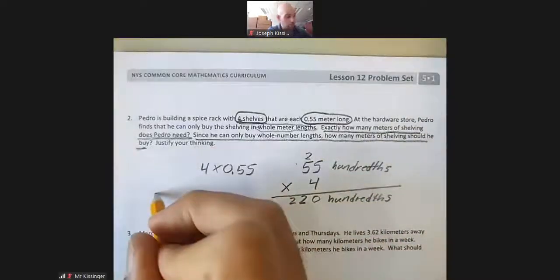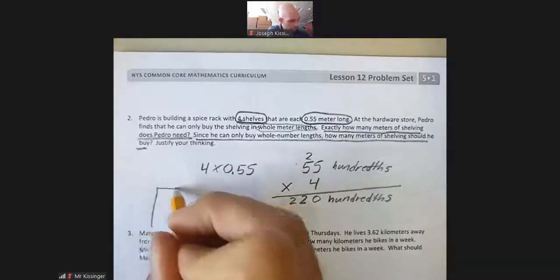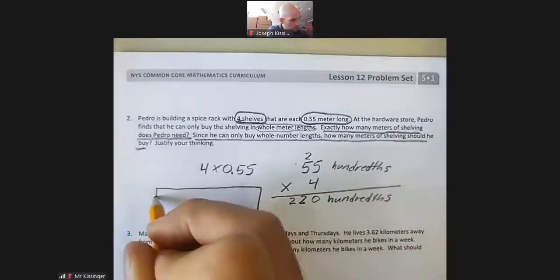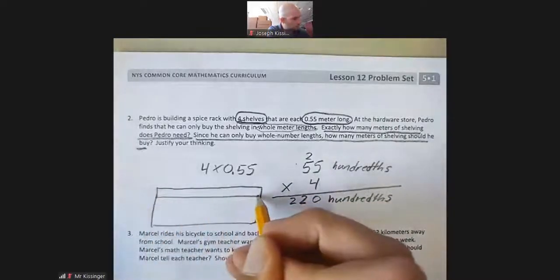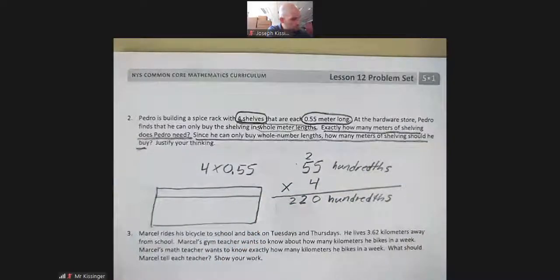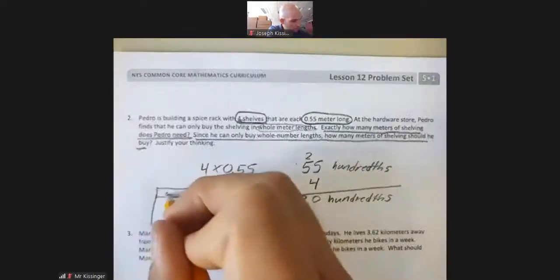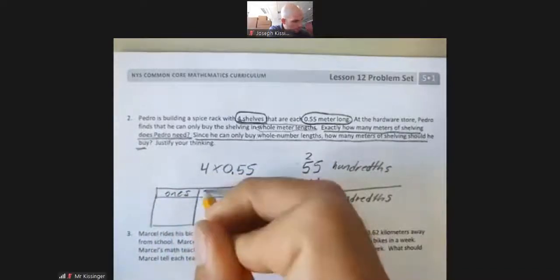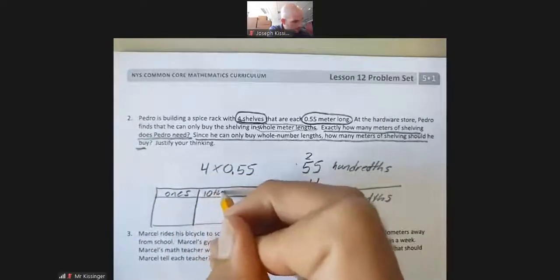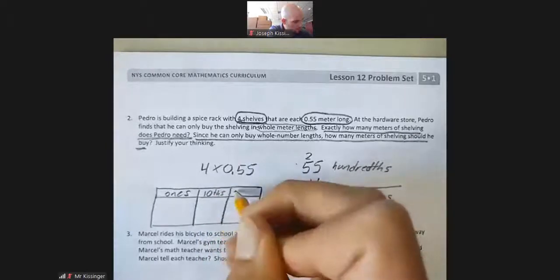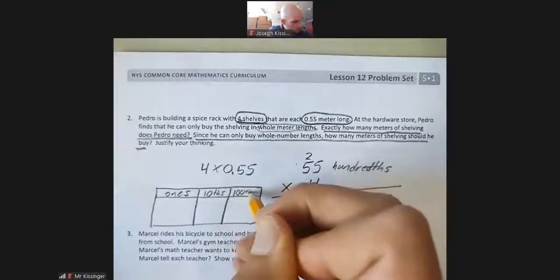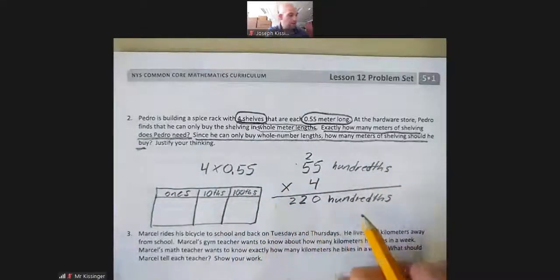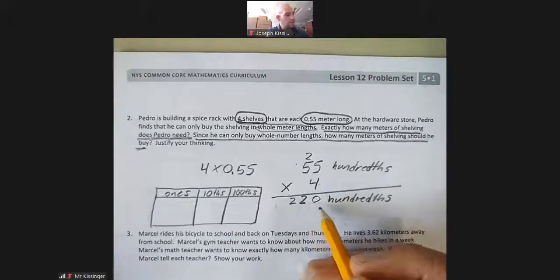And if we make ourselves a place value chart here, and we look at 220 hundredths, we need a ones place, tenths, and hundredths. We know that each 10 hundredths is a tenth.